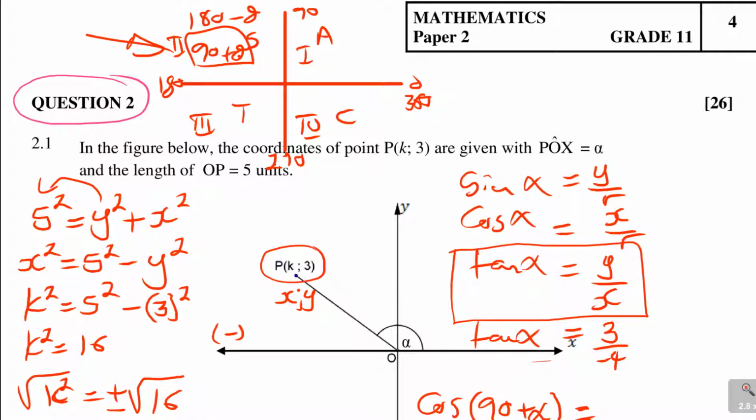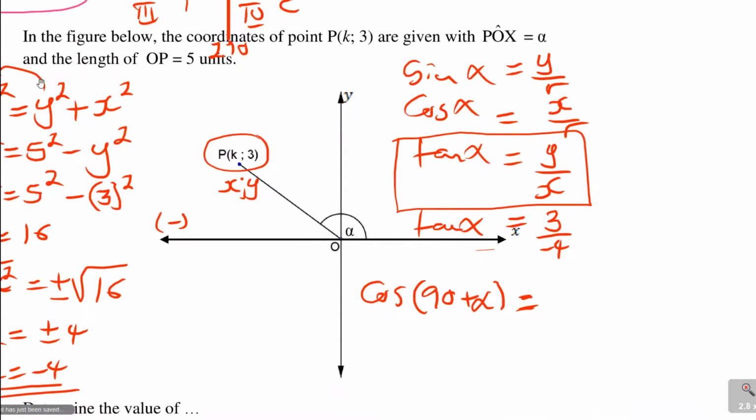And what is cos? Cos is negative. Remember, All Students Take Chemistry. Cos is negative in the second quadrant. So now, since it's a cofunction, cos becomes sine. So this becomes sine alpha, but you are going to write it as negative sine alpha, because cos is negative in the second quadrant. This is happening in quadrant number 2.